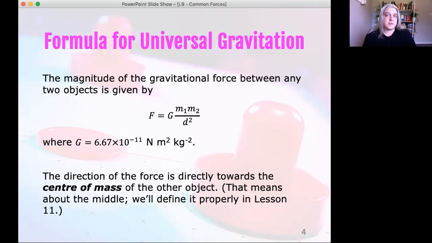So this force is small unless one of the masses is really big, like a planet or a moon. The direction of the force is directly towards the center of mass of the other object. We haven't met center of mass yet, we'll do that in a couple of lessons, but we have a magnitude given by that formula and a direction directly towards the other object.